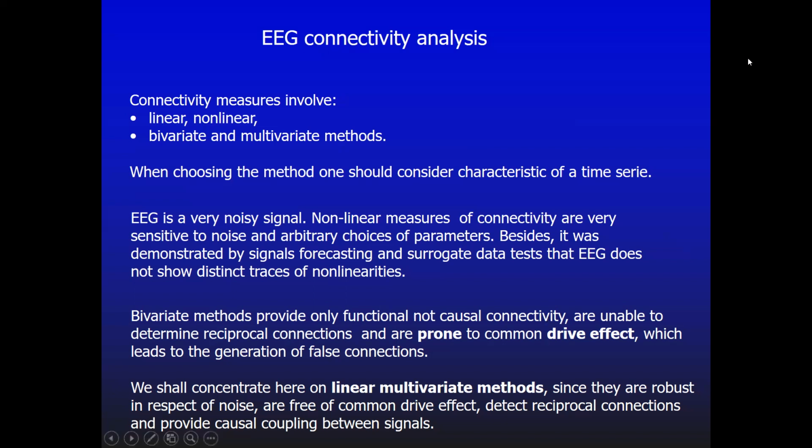Some people assume that neuron acts in a nonlinear way, so EEG, which comes from the neural action, also is nonlinear. And that is primitive thinking, because EEG is a superposition of the action of many neural populations.